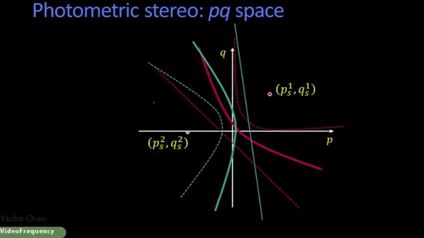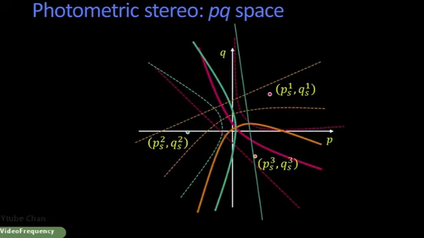Well, that's troubling. What do we do to make it come to one place? We just put down a third light source. And if everything is calibrated and working correctly, then the orientation of that point and the albedo are recovered at exactly that location. So that's the geometric description of photometric stereo.